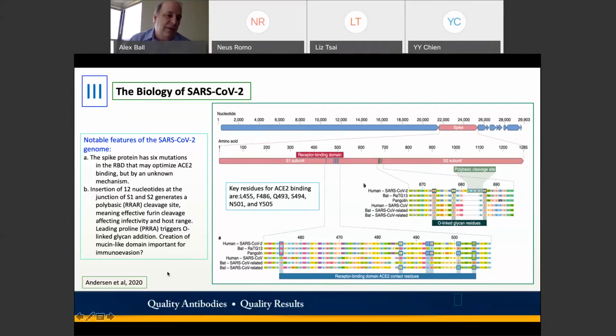But as we'll see, that really hasn't been empirically proven yet. The key, I think, to remember is that there's this polybasic cleavage site and this optimization of the receptor binding motif necessary for binding to ACE2.